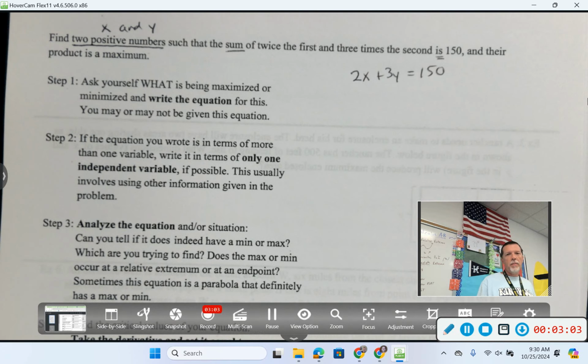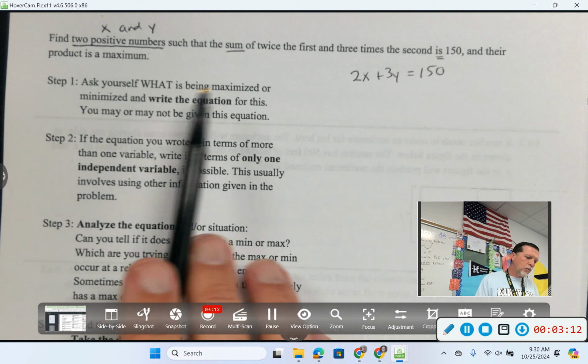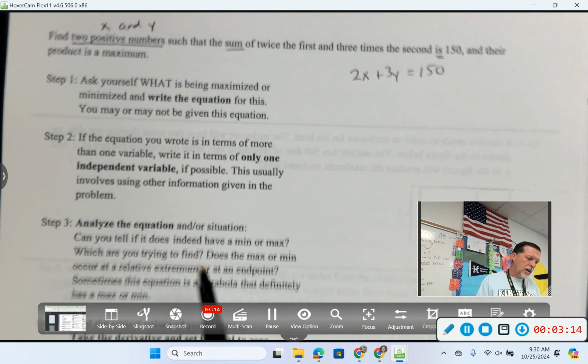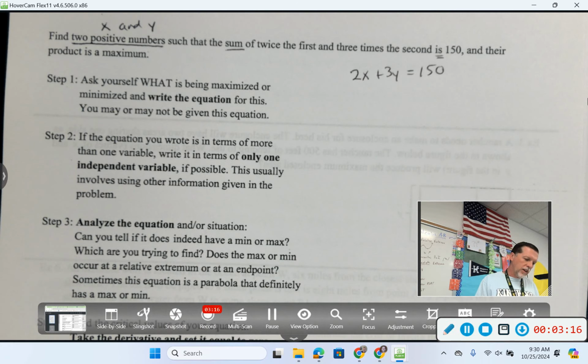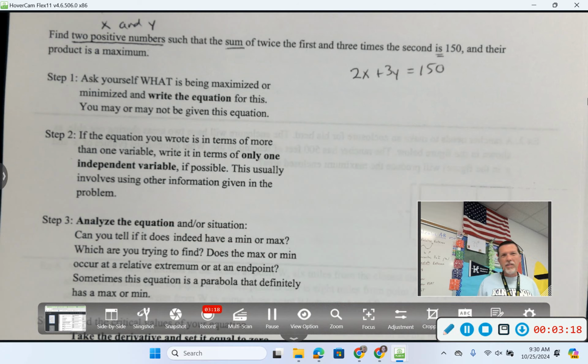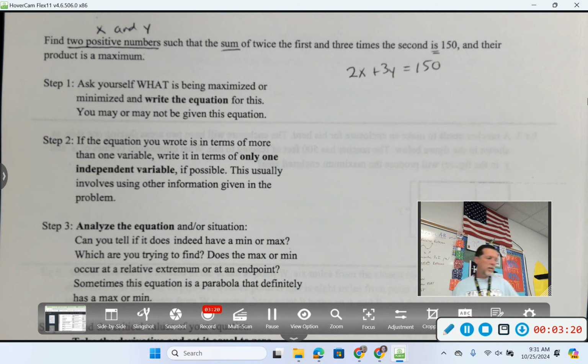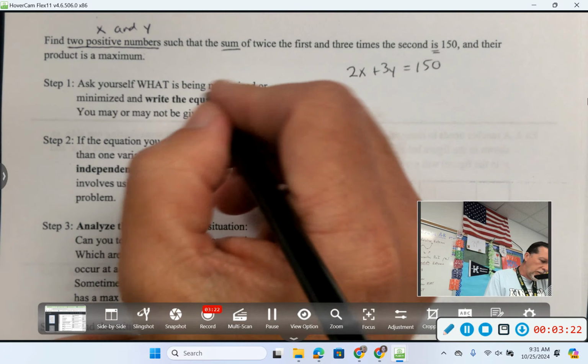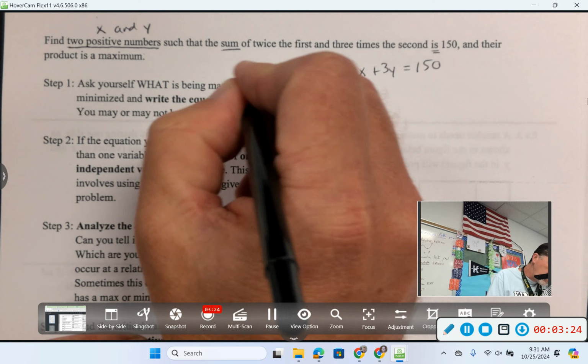Okay, so some steps. And these are steps that we want to understand. Obviously, you're not going to memorize these paragraphs that go with these steps here. But step one, ask yourself what is being maximized or minimized, and write the equation for this. You may or may not be given this equation, depending on the problem. So for this one, what is being maximized or minimized?